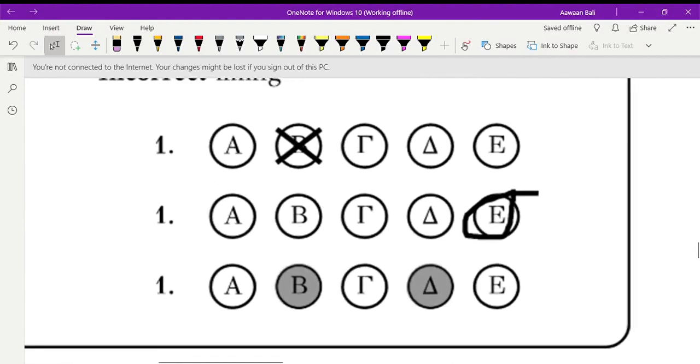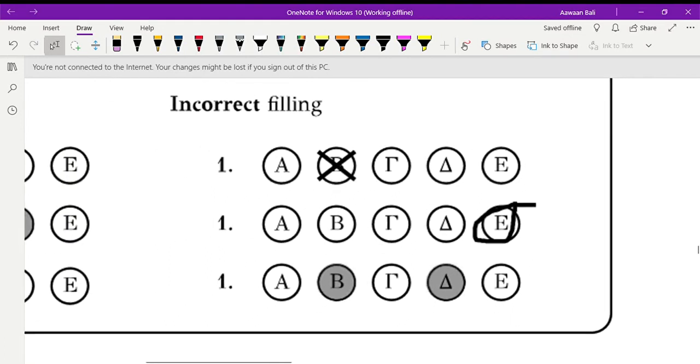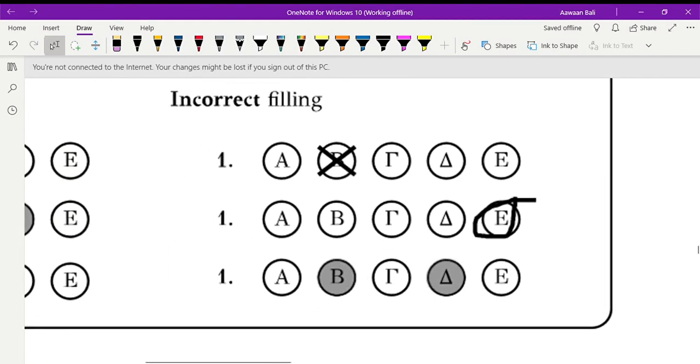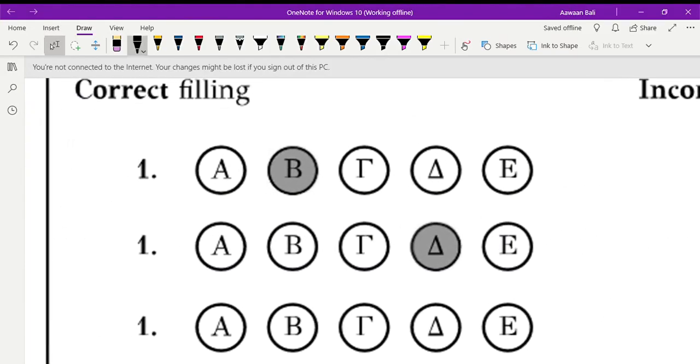Now, incorrect fillings: you only have to shade. There are not any 2 option answers. You can't just circle it not neatly like this, and you can't just cross it to show that it's the answer, because that basically means that you're saying it's wrong. For example, if you realize that delta is wrong and you want to circle beta, you'll have to do it neatly, but I'm just rushing it a bit right now.